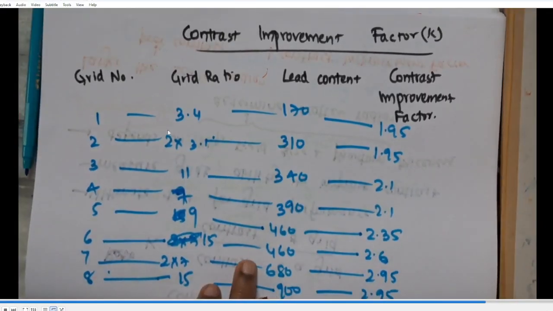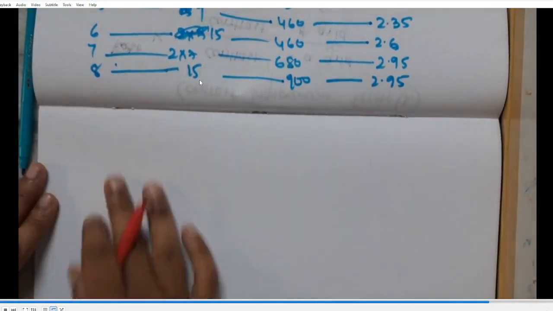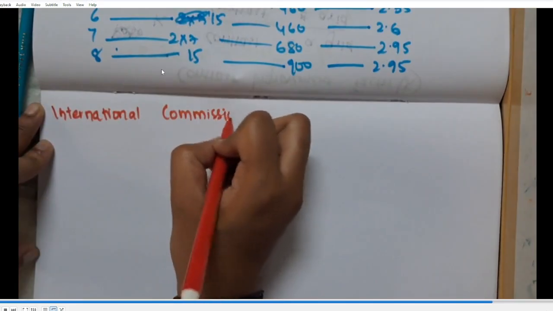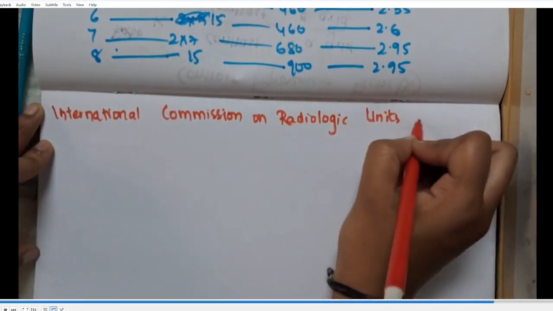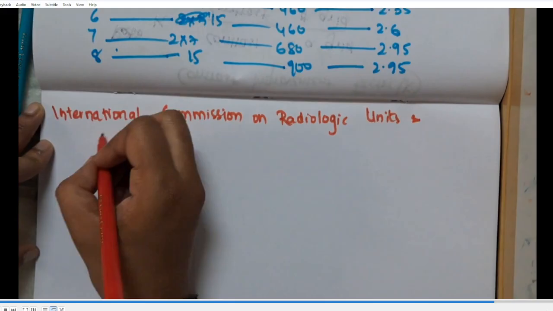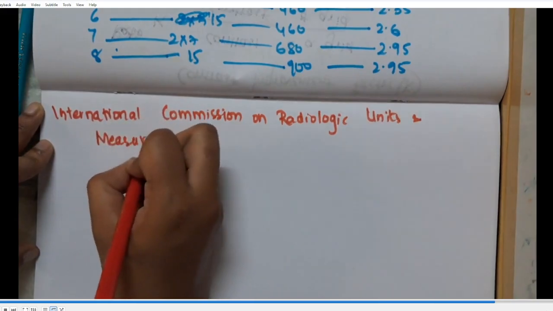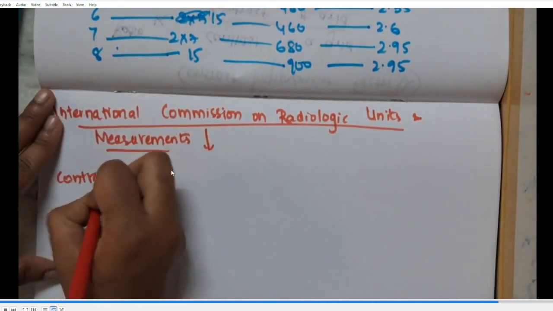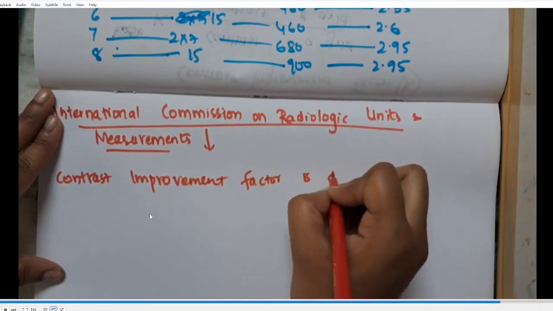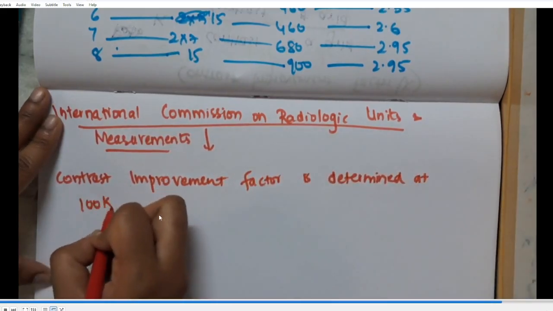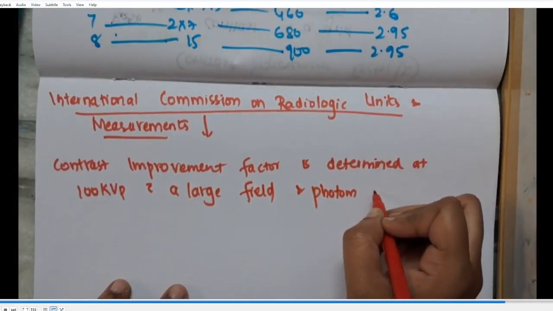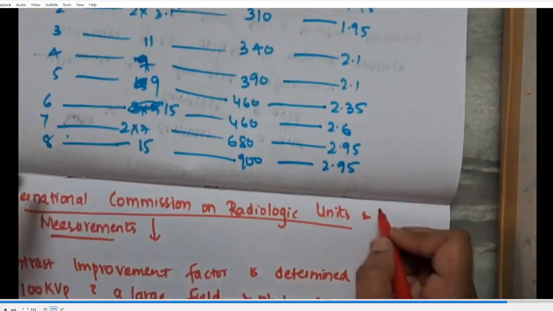To permit comparison between different grids, the contrast improvement factor is usually determined at 100 kVp, with a large field and a phantom around 20 centimeters thick.